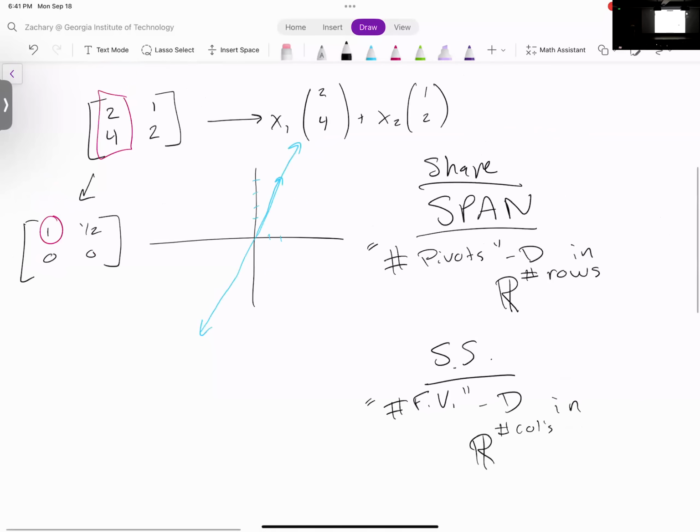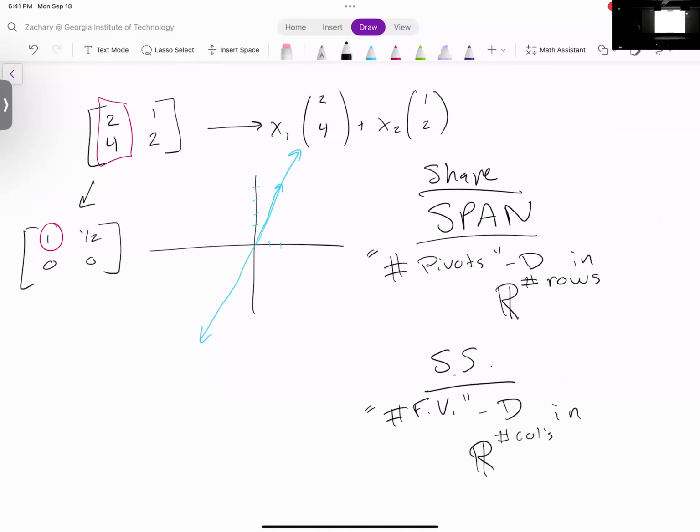So what can you tell me about the solution set of this matrix without having to do any more math? It's going to be a line in R2, right? We have one free variable, one column instead of a pivot, and two total columns. Are there any questions on this?